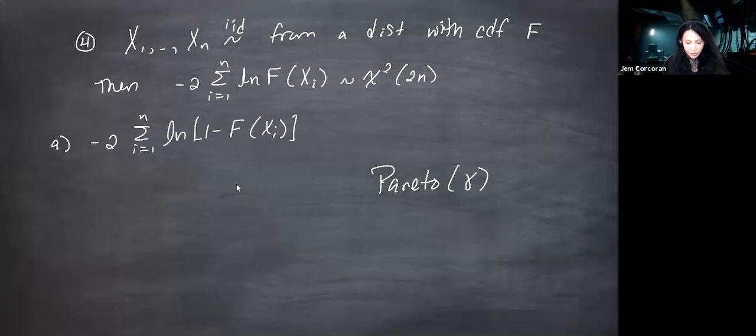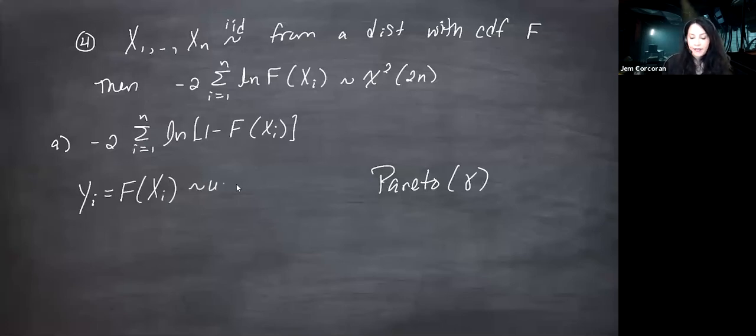I guess this depends on how you showed the first result back in homework 3. The way I showed it was to start in steps. Maybe you didn't do this, but the first thing I looked at was Yi defined to be the CDF evaluated at the random quantity Xi, and I showed that was uniform 0, 1.